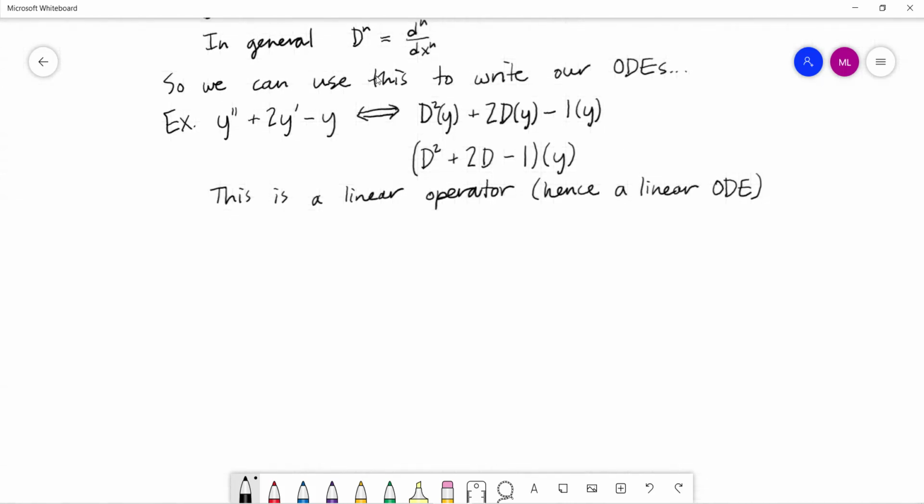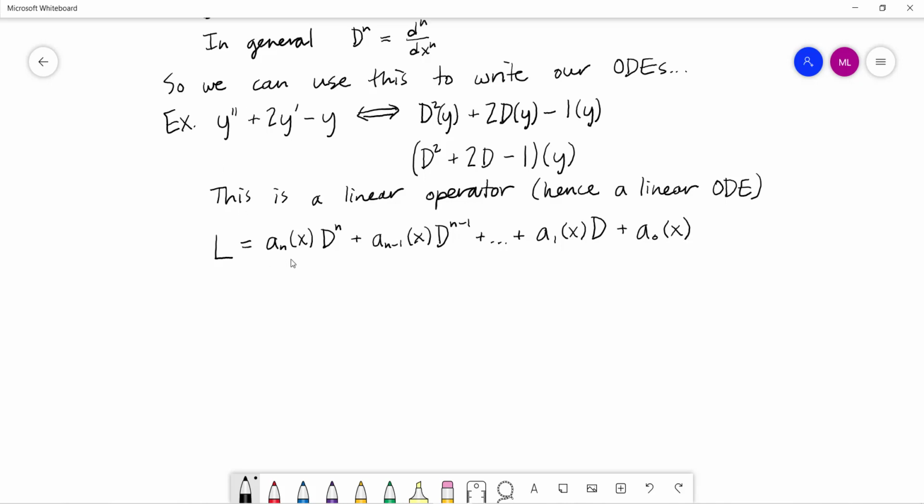So basically, what we're saying is that in general, we could think of our operator as looking like this: a_n of x d^n plus a_(n-1) of x d^(n-1) plus dot dot dot plus a_1 of x d plus a_0 of x.